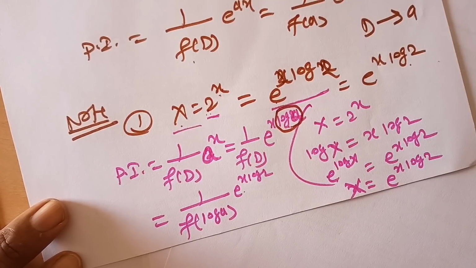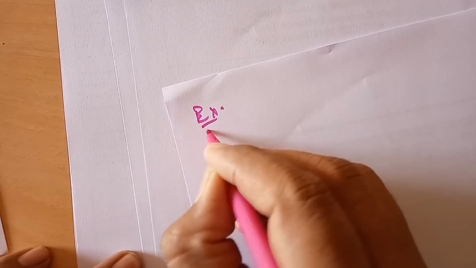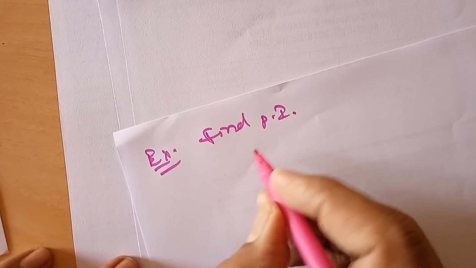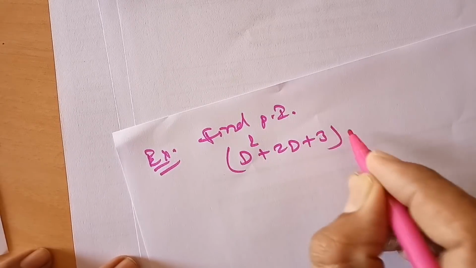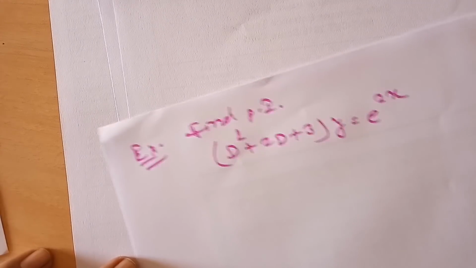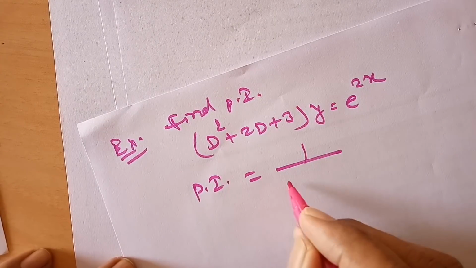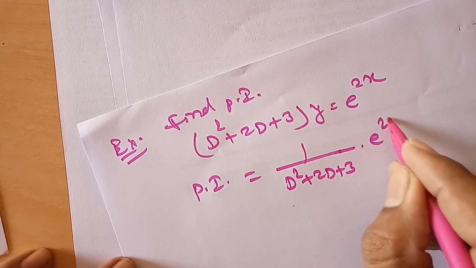Again, when we solve problems, we will get this idea clearly. I will take an example on this. We will find PI. Suppose our differential equation is D square plus 2D plus 3 into y is equal to e raised to power 2x. Here PI is equal to 1 upon f of D, which means D square plus 2D plus 3, into e raised to power 2x.